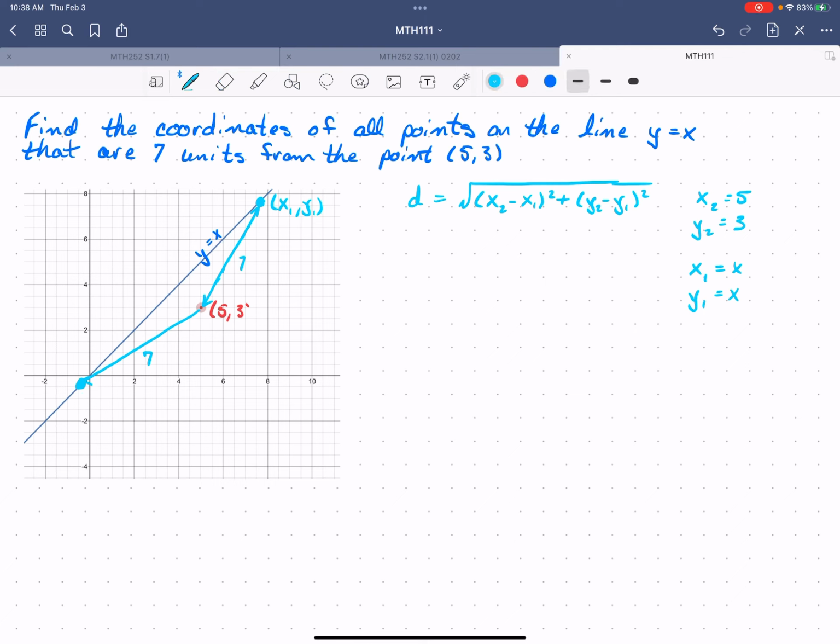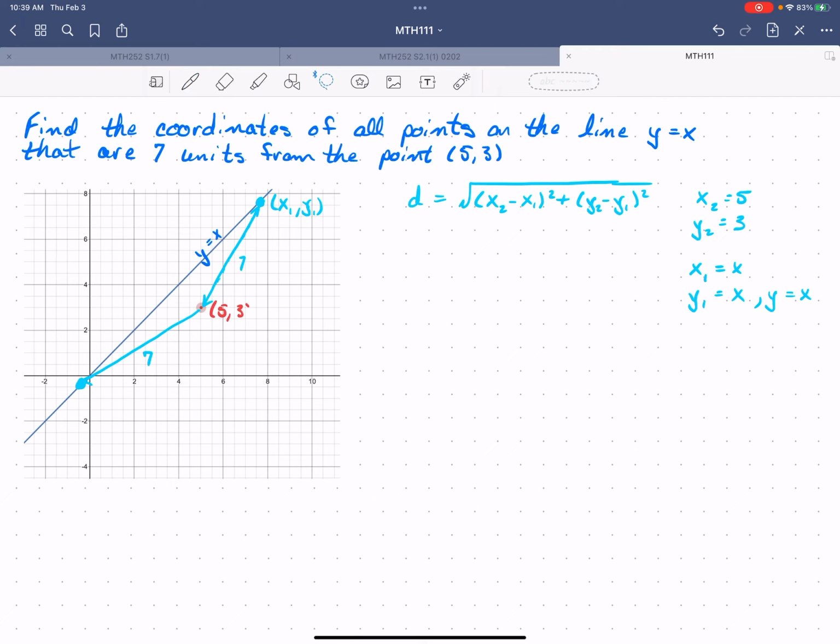But here's the thing. For every point along this line, we know that the x and y coordinates are the same. So y1 will equal x1. Or if I say x1 is x, then that means that y1 is also x, because y equals x along that line.